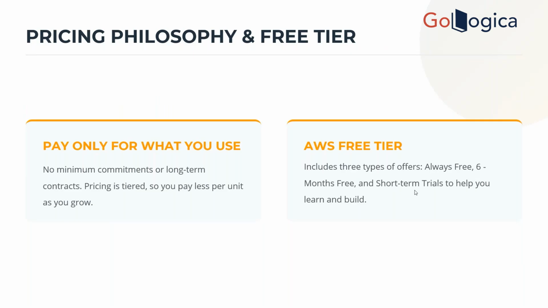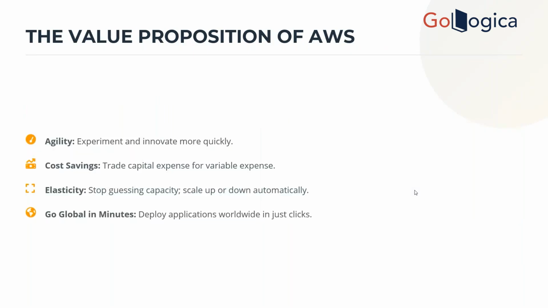Then the value proposition of AWS is definitely agility: experiment and innovate more quickly. Say you want to set up an R&D center. The compute power you need is huge.